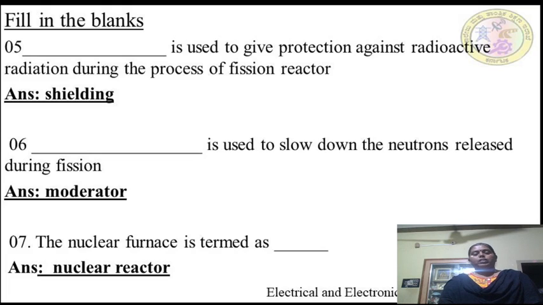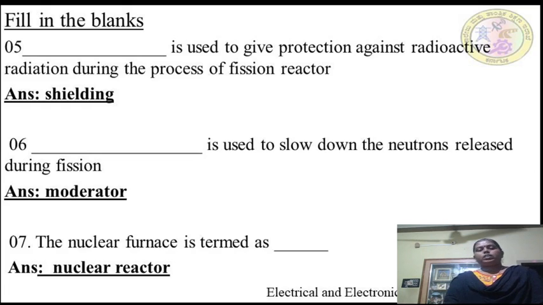Fill in the blanks. Fifth, dash is used to give protection against radioactive radiation during the process of fission reactor. The answer is shielding.